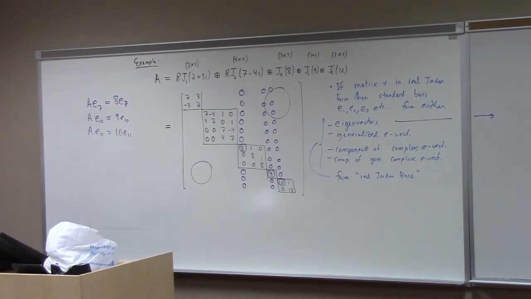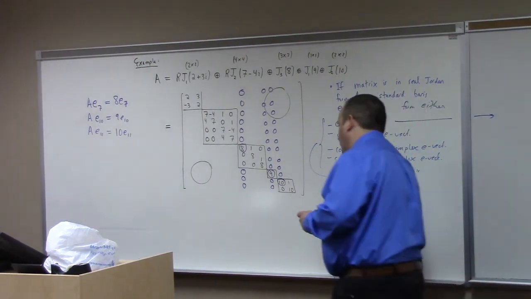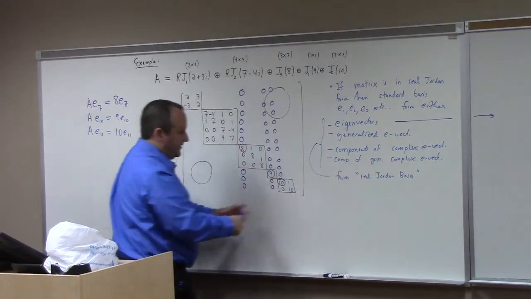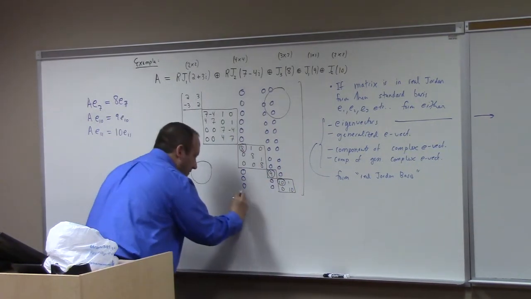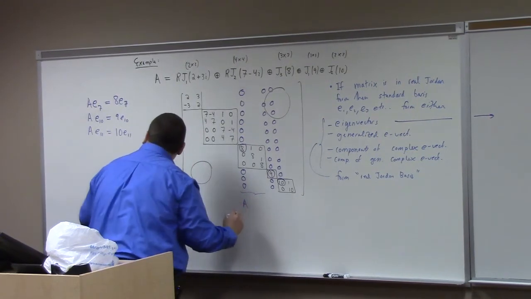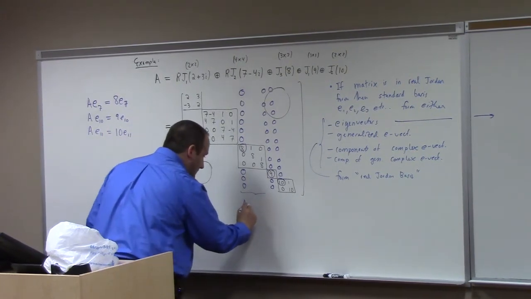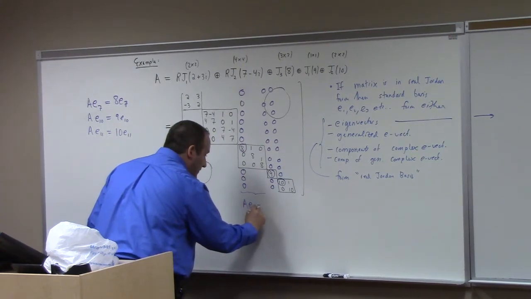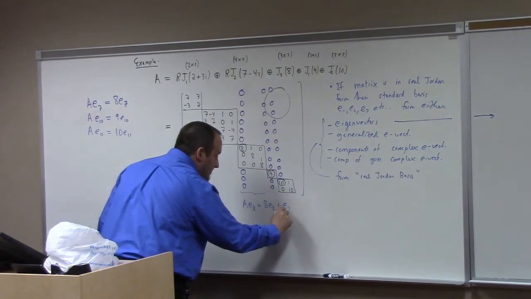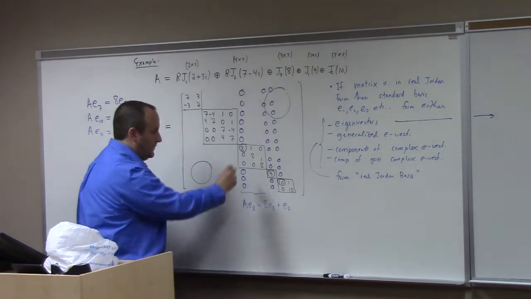How about generalized eigenvectors? Where are generalized eigenvectors coming from? They're coming from this block and that block, right? So from this right here, I can get that A times E8 is equal to 8E8 plus E7 from this one right here.